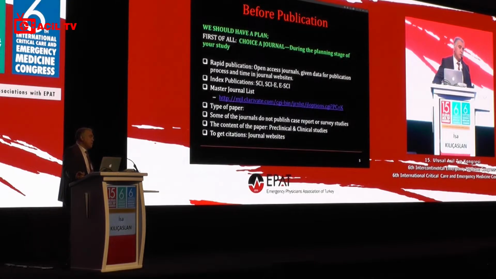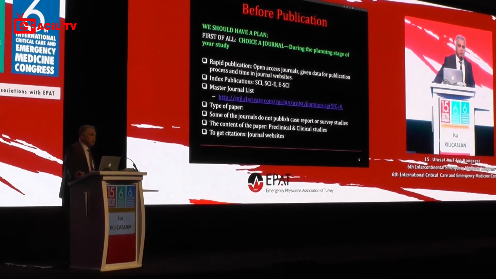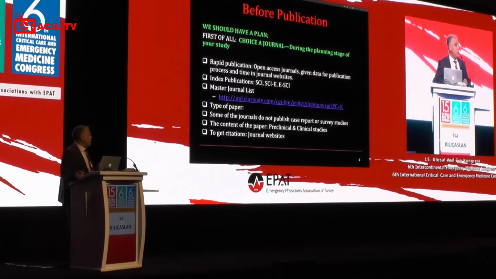And for the quality of the journals, the publication index is also very important. For example, the Social Science Citation Index or the Science Citation Index Expanded is very important. Maybe you can look at Clarivate Analytics and reach the Master Journal List so that you can find very good journals through these websites.